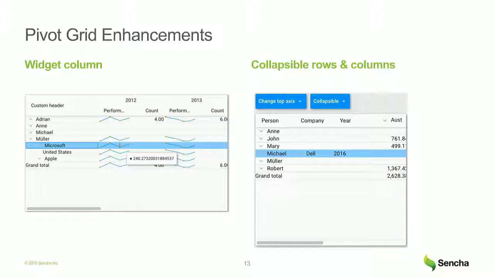You can also collapse rows and columns now within the pivot grid, both from an individual row and column perspective, as well as you can add, like a button that collapses everything or that expands everything.